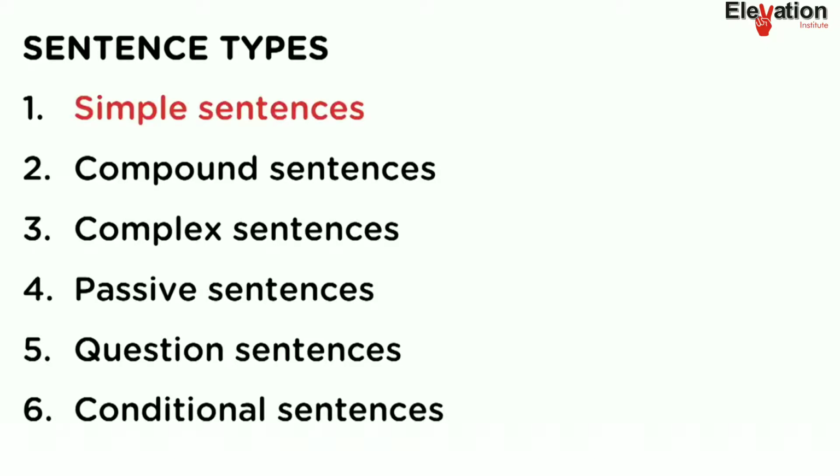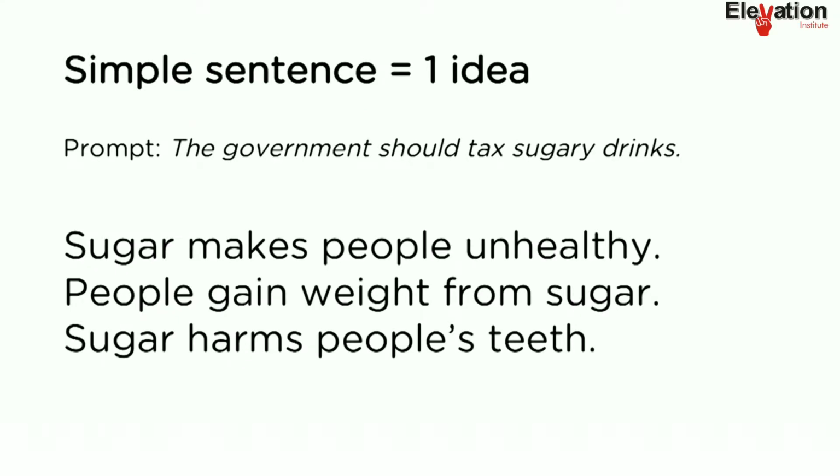First of all, let's start with simple sentences. These are obviously quite straightforward. A simple sentence has one idea. Let's use the question prompts. Let's say the question prompt said something about the government should tax sugary drinks. That's your writing task or essay prompt, or part of it. So here are 3 simple sentences.